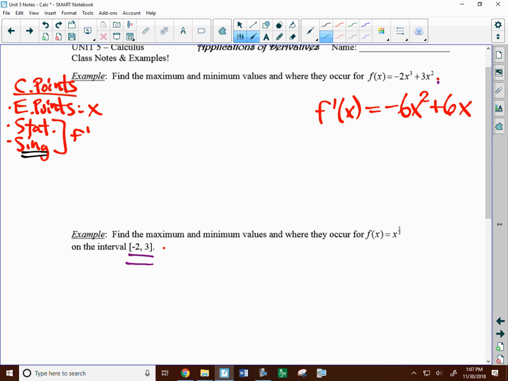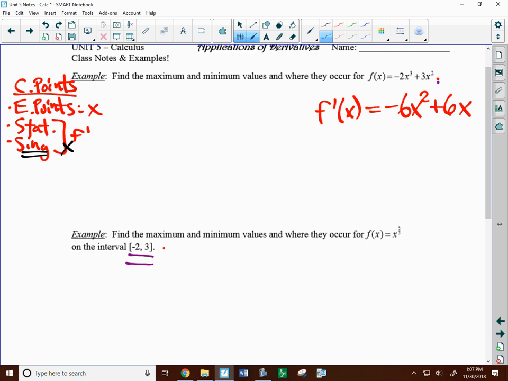We need where it doesn't exist. There is none. This is a polynomial. Right? This would be a parabola if I graphed it. It's just everywhere in this domain. The domain is all the numbers for this function. So there will be no singular points on this one because the derivative is good. We'll see it in number 2 where we'll have some singular points.